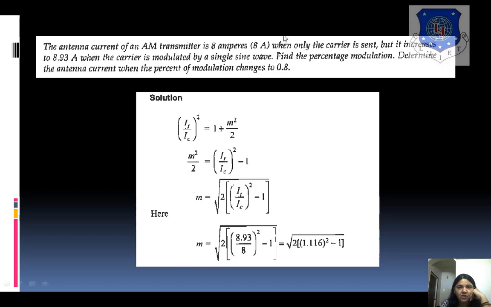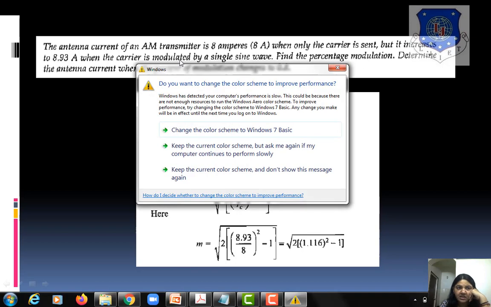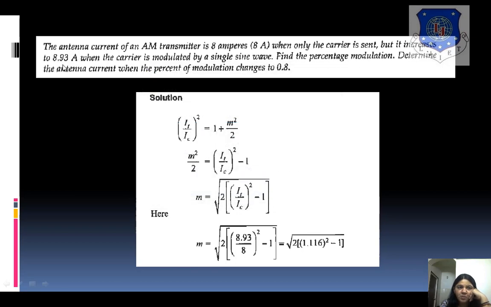So this is the value of Ic, but it increases to 8.93 ampere when the carrier is modulated, meaning it is transmitted by applying the modulation. So it's the total current. So it is It by Ic whole square minus 1.